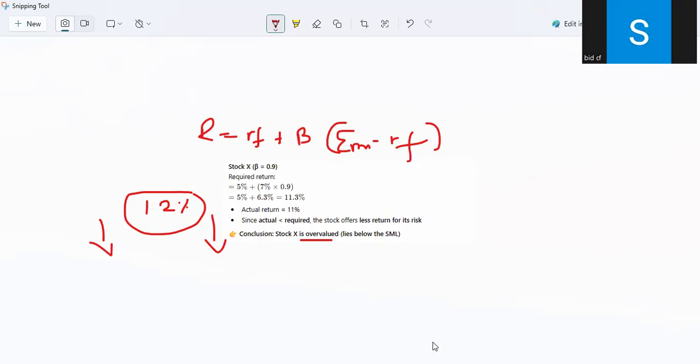Sorry, why didn't we use the 11 for stock X? Why didn't we use the 11 for X? Yeah, if you could just go on top, let's go to the original question. Actually, we're supposed to refer it to the 11. Yes.